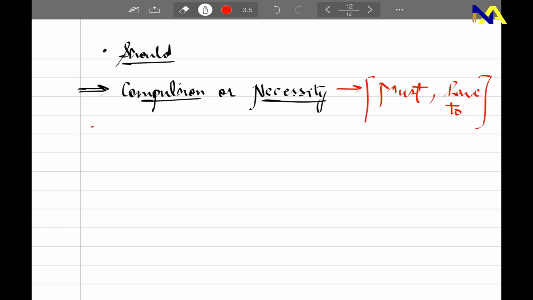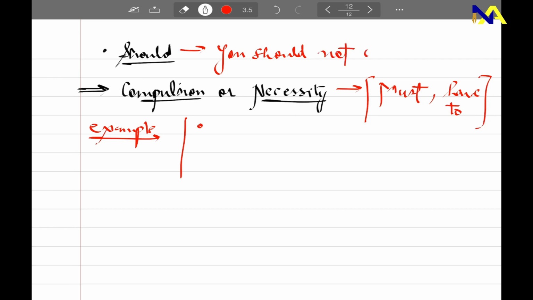For example, see this. If you're trying to advise a healthy person that you should not eat junk food, that's fine, not a very big deal, you can still say for advice that you should not eat junk food.